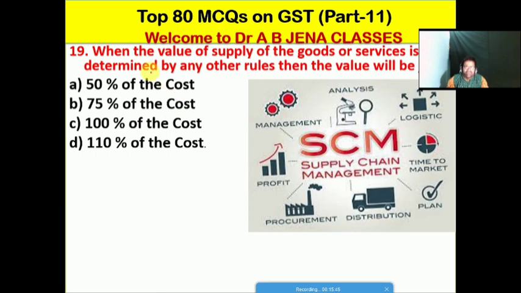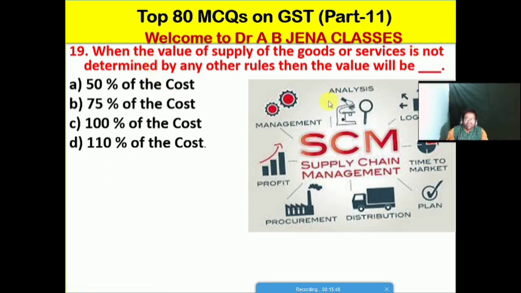So next one हम देखेंगे, when the value of a supply of goods or services is not determined by any other rules, then the value will be how much or what is the percentage of cost, whether A 50% of the cost, B it's the 75% of the cost, C it's the 100% of the cost, D it's the 110% of the cost.